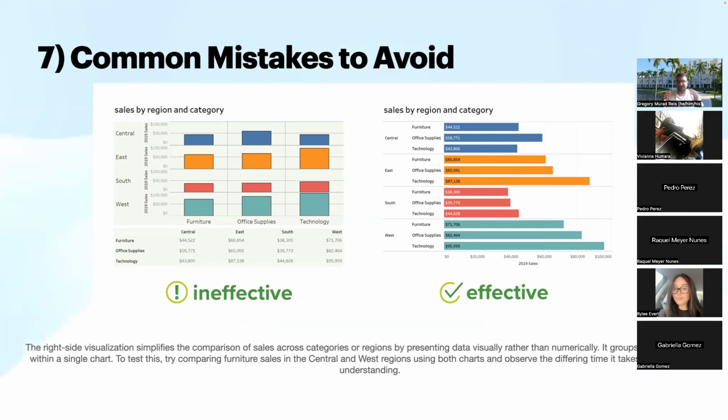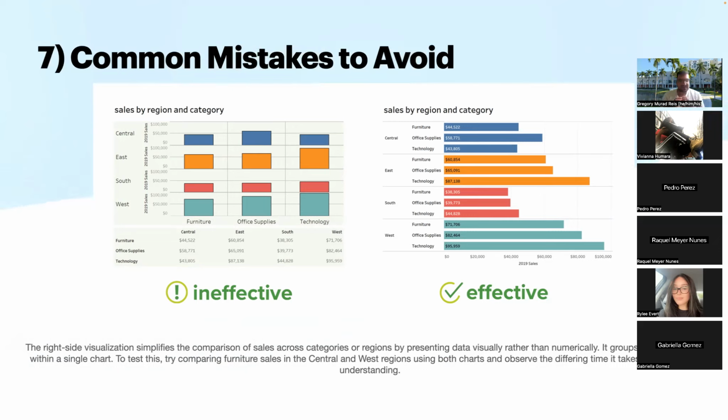So you can see that for Central, you have furniture, office supplies, and technology. And just by looking at that bar, you can see which one has higher value and which one produced less, right? Had less sales in that category. But in the previous one, it takes a while for you to visually see which one and where that is, right?